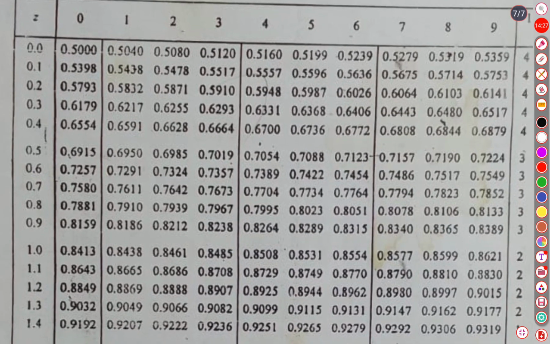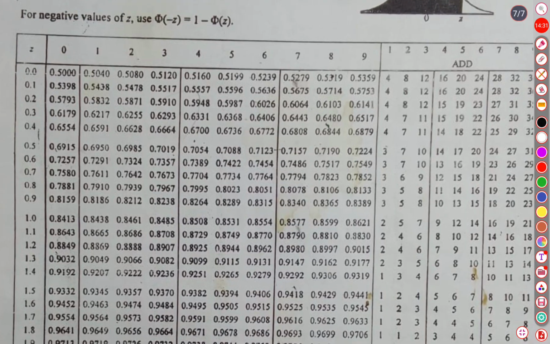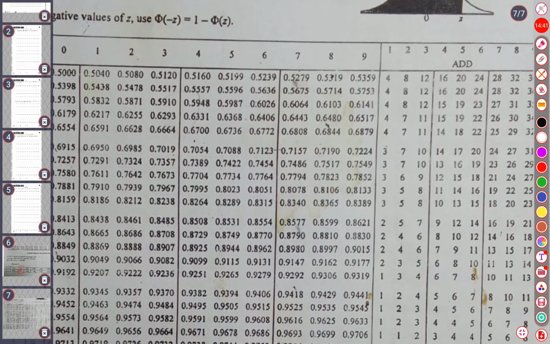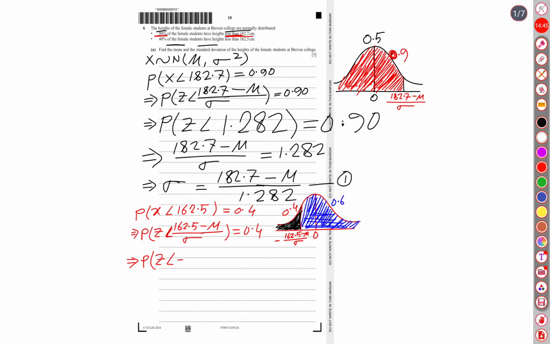So let's see where 0.4 is located. Sorry, 0.6. We have made a mistake, so let me go to that page once again. We have seen and observed that 0.4 is the tiny part lying on the left side, and 0.6 is the larger part.